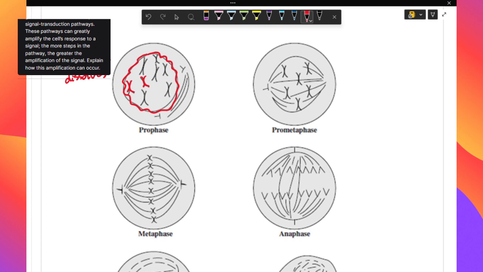So in prometaphase, our next step, all we can really say is we can see these spindles starting to form, right? And these spindles are starting to exert force on these chromosomes.